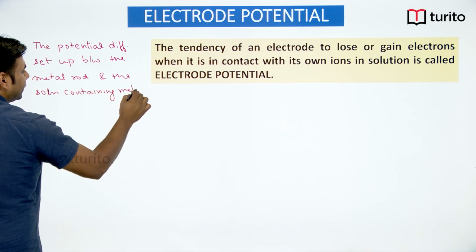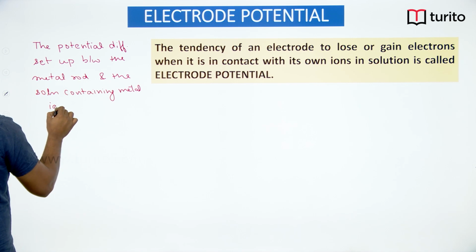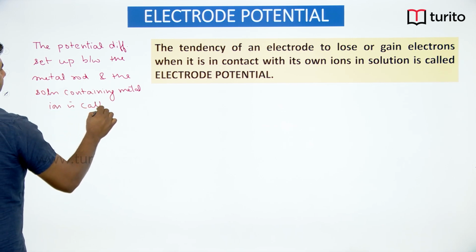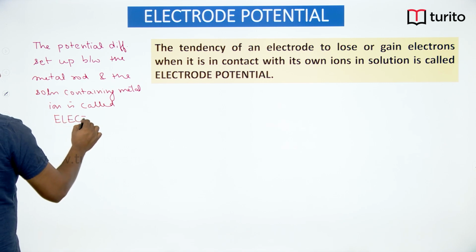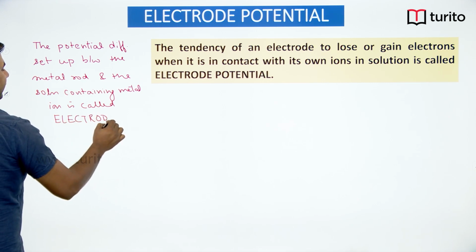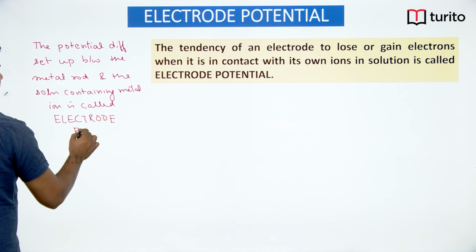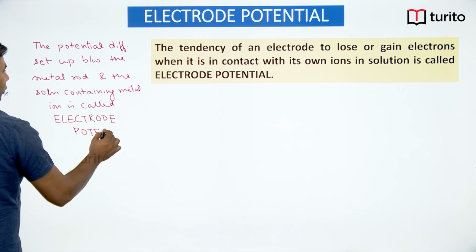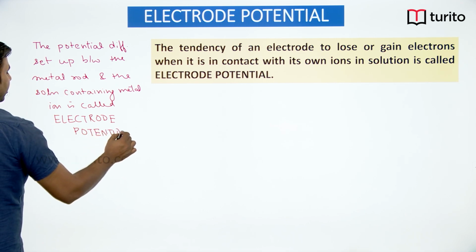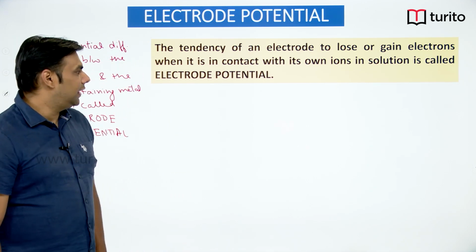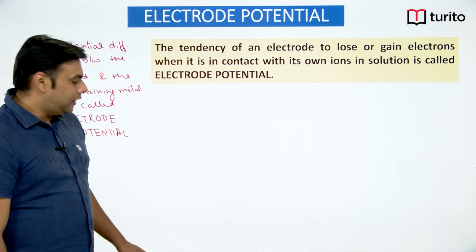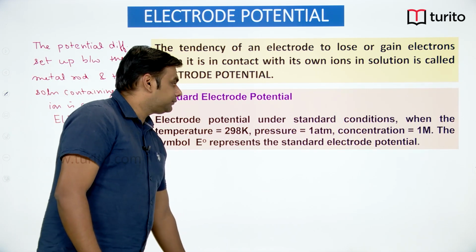So this is called electrode potential. We also define this as the tendency of an electrode to gain or lose electrons when it is in contact with its own ion in solution. Hope this is clear to you.